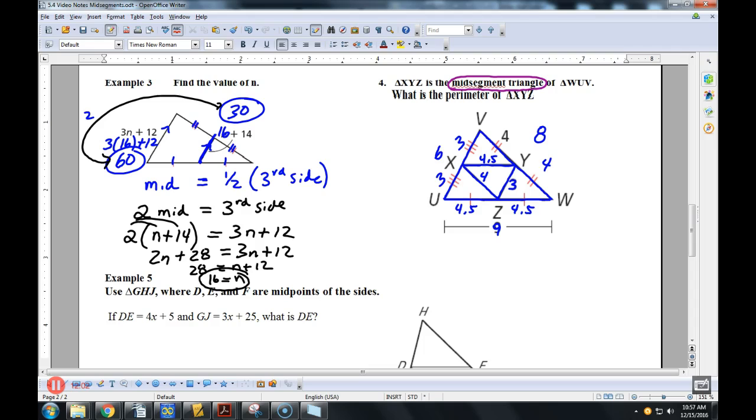Every single one of these triangles is congruent to each other. I have 4 congruent triangles by what property or theorem? Side, side, side. Every single one of them has side lengths of 3, 4, 4.5. So those 4 triangles are definitely all congruent with each other.